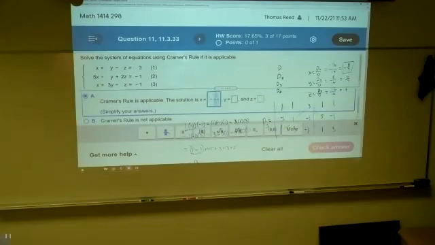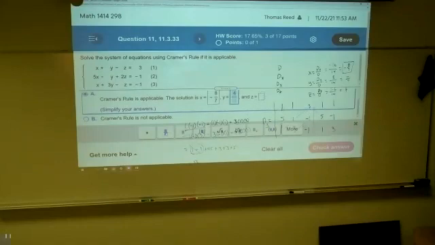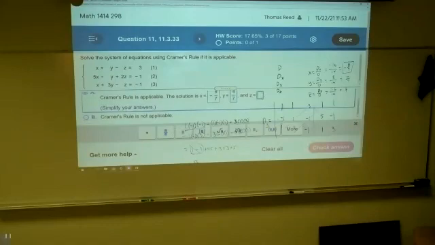I need a negative sign up there, and then I can write my fraction, 8 over 7. And then the next one is 4 over 7. And then my last one's just 4.